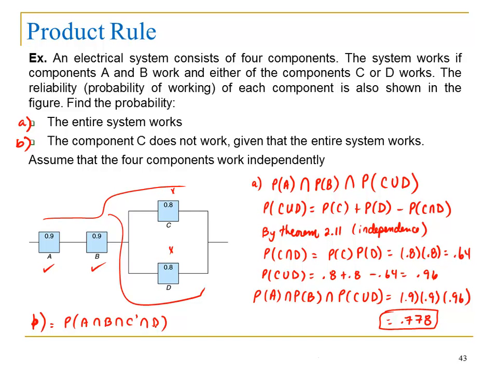But this problem also provides a condition, which is given that the system works. So that is equal to 0.9 times 0.9, 0.2 times 0.8 divided by, correct, the probability that the entire system works.